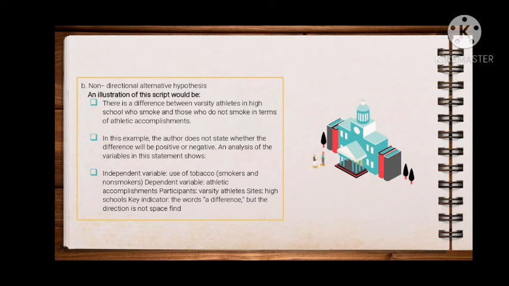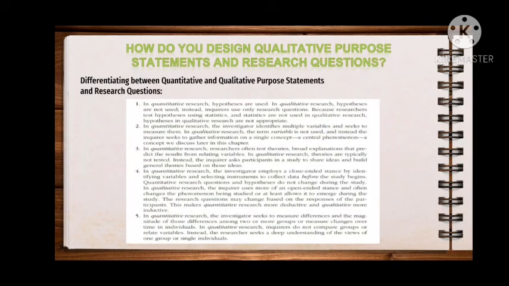Okay, after you know the kinds of alternative hypotheses and examples, the next slide, how do you design a qualitative purpose statement and research question? Everybody knows the difference between quantitative and qualitative. You can read the slide.